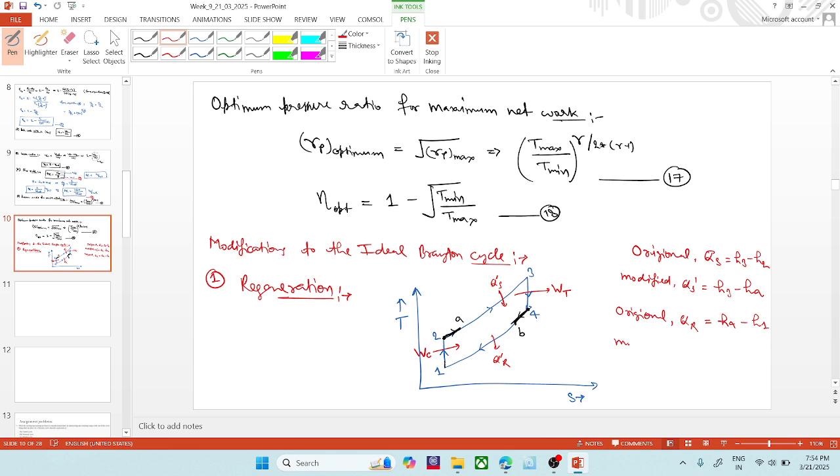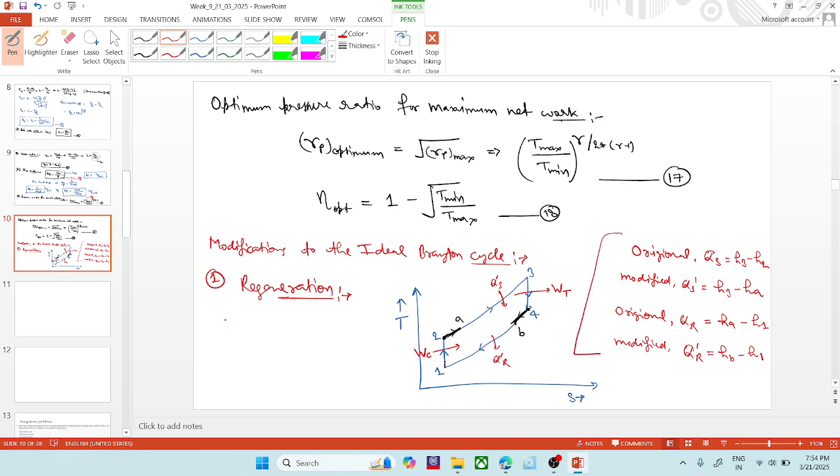Now the modified heat rejected, QR dash, would be HB minus H1.